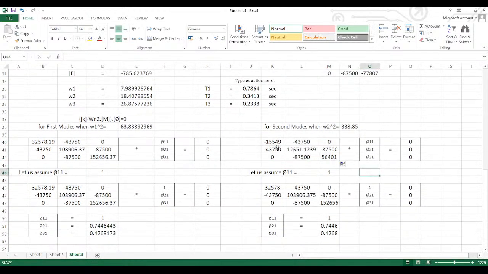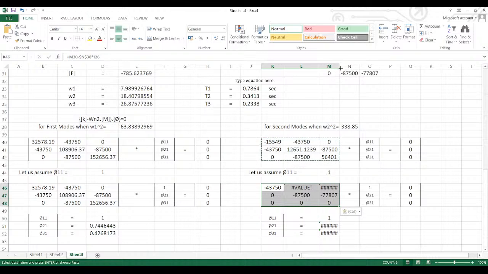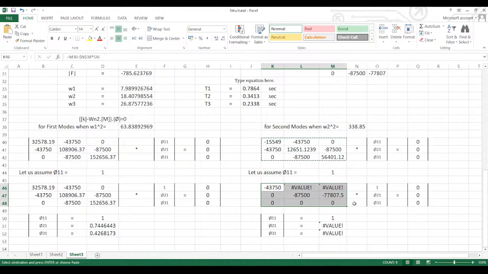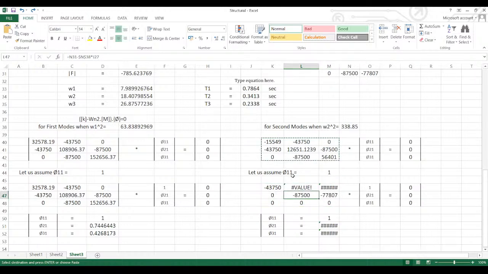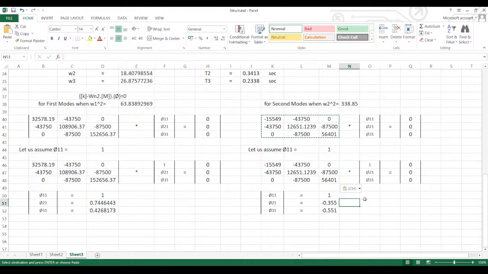Okay, this value came. Control C, Control V, this value is copied there, and okay.